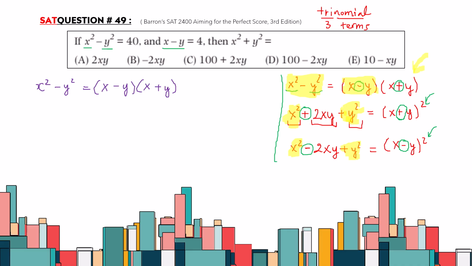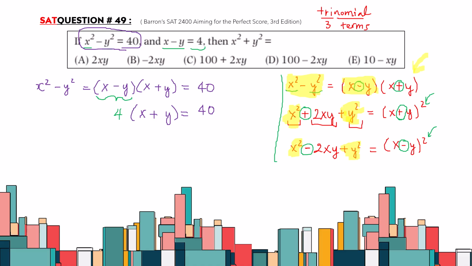But then also the given information says that it is equal to 40. And also we see that here we say x minus y equals 4. So instead of x minus y, we write 4. Then we multiply by x plus y, that equals 40.